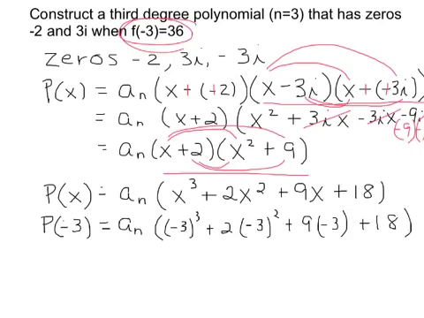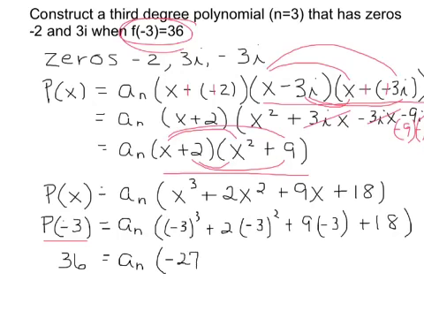Okay, now we know that the function's value at -3 is 36. That was the given piece of information. And what we're trying to do here is find our value of a sub n. So we have to do some calculations here. So -3 to the third power, 3 negatives would make a negative, and 3 times 3 is 9, times another 3, 27.